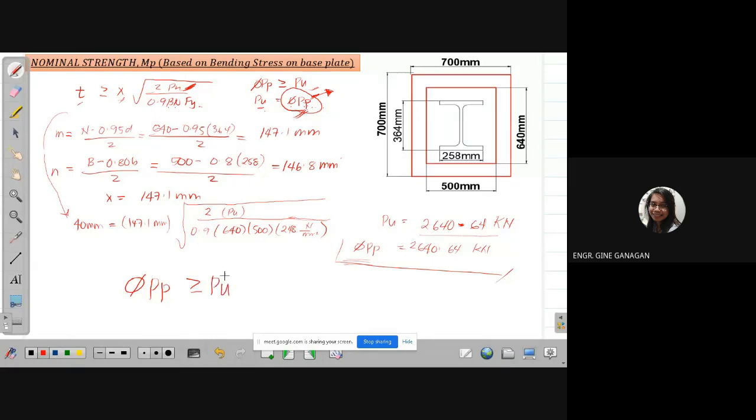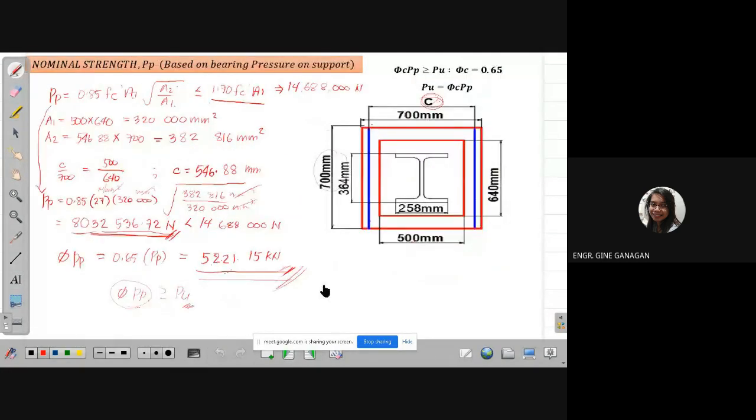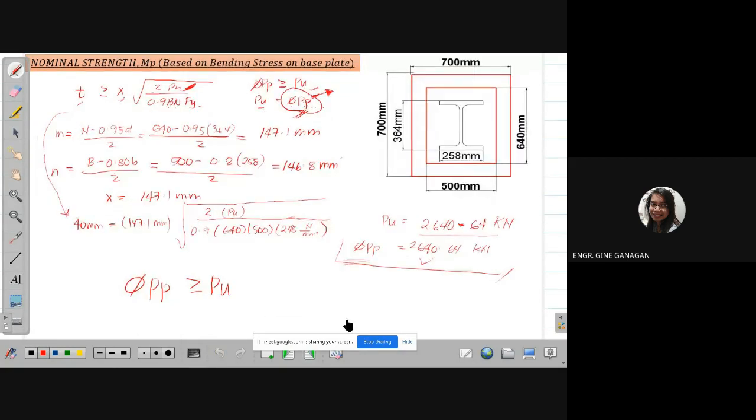Okay. Ano yung magiging design strength ng natin? So yung PU natin dito is equivalent to this value. And then yung PU natin dito, ilan yung PU natin dito? This is equal to this value, 5221.15. So ano ngayon yung ating governing design?